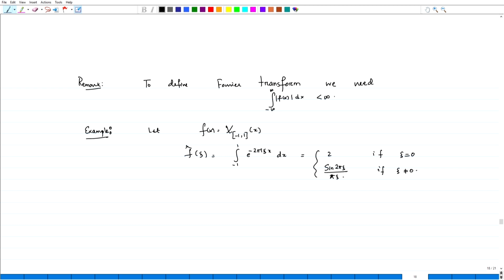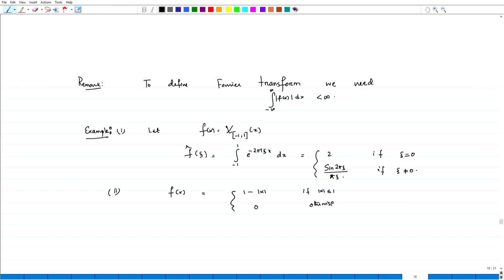So, that is one. Then the second thing, let us try to do it for a continuous function. Let f of x equal 1 minus mod x if mod x is less than or equal to 1, and 0 otherwise.